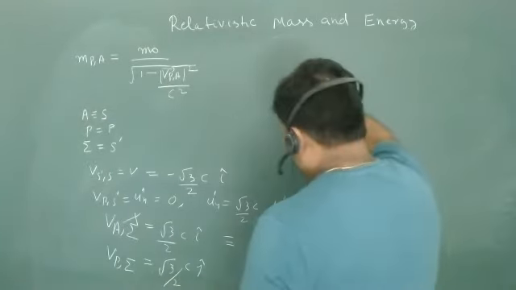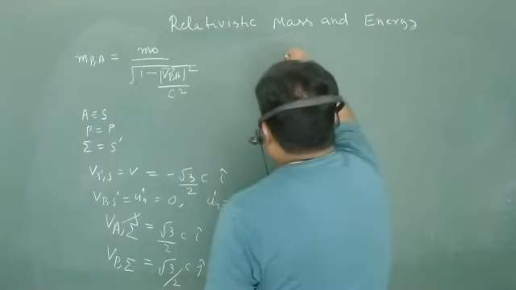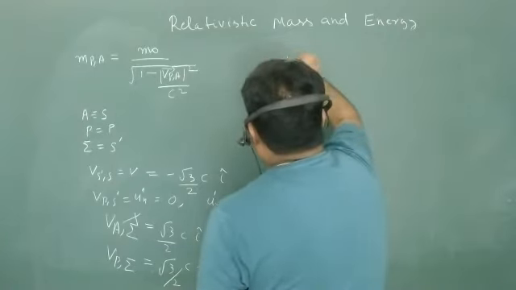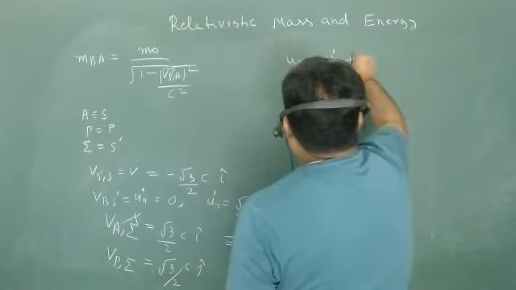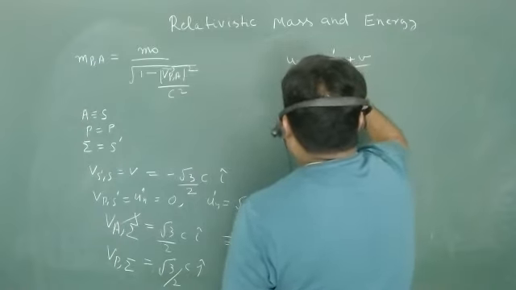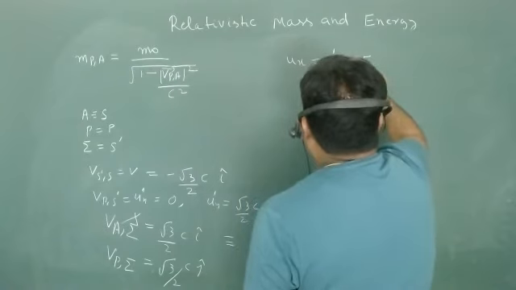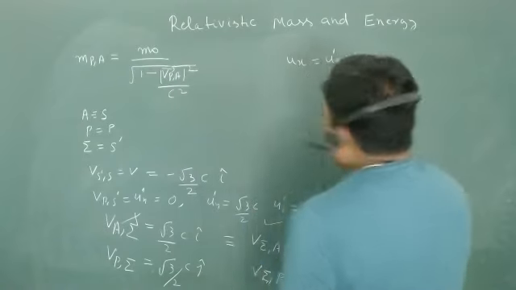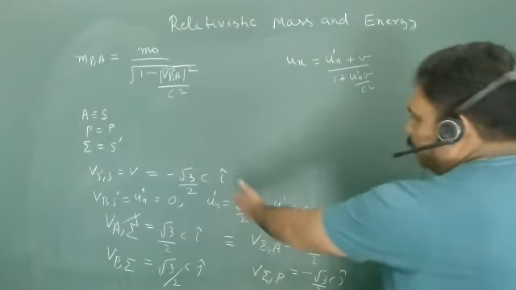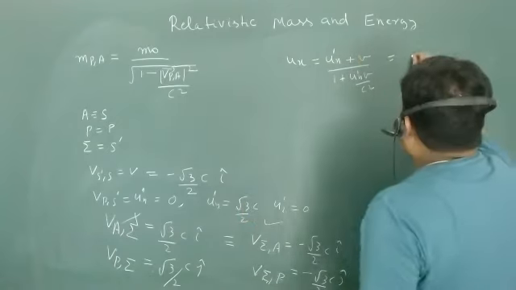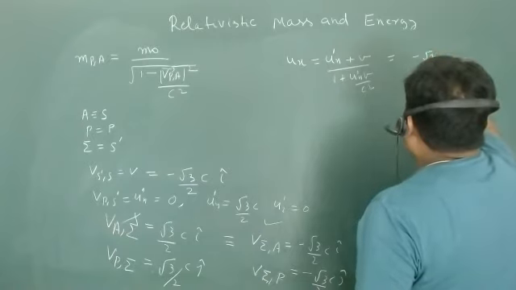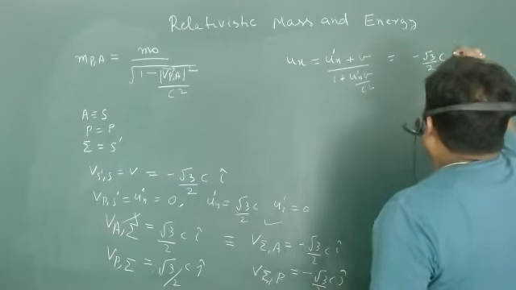So let's go for the Lorentz transformation for X. We have to calculate Ux is equal to Ux dash plus V upon 1 plus Ux dash V upon C square. Fortunately, Ux dash is equal to 0 and V is nothing but minus root 3 by 2c.